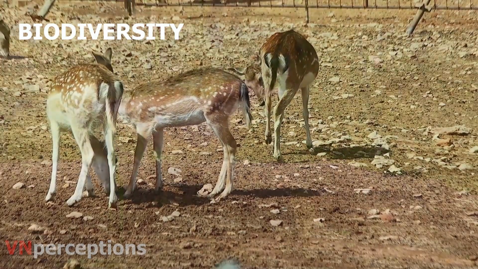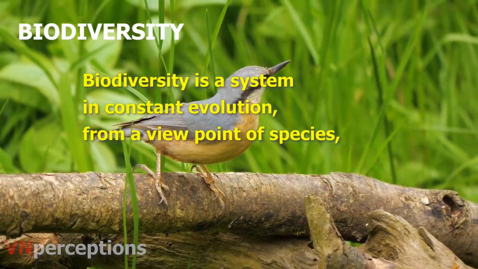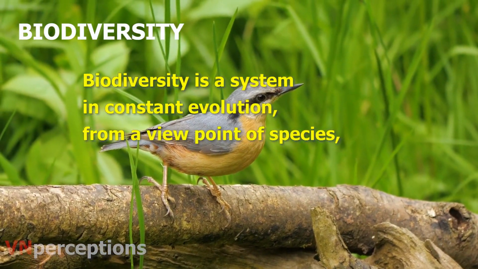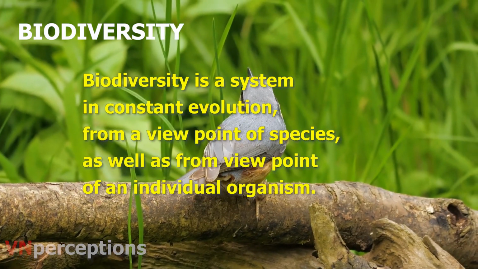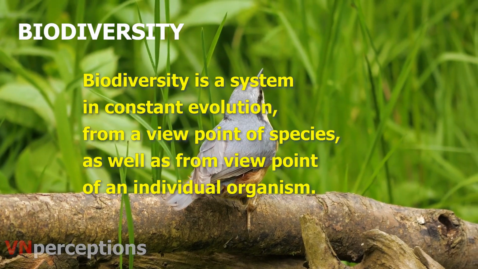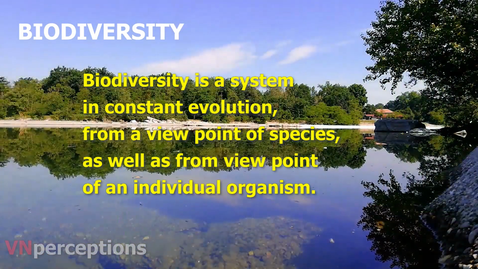Biodiversity is a system in constant evolution from the viewpoint of species as well as from the viewpoint of an individual organism. When I say biodiversity is a system, the word system here refers to a set of things that work together as parts of a mechanism.